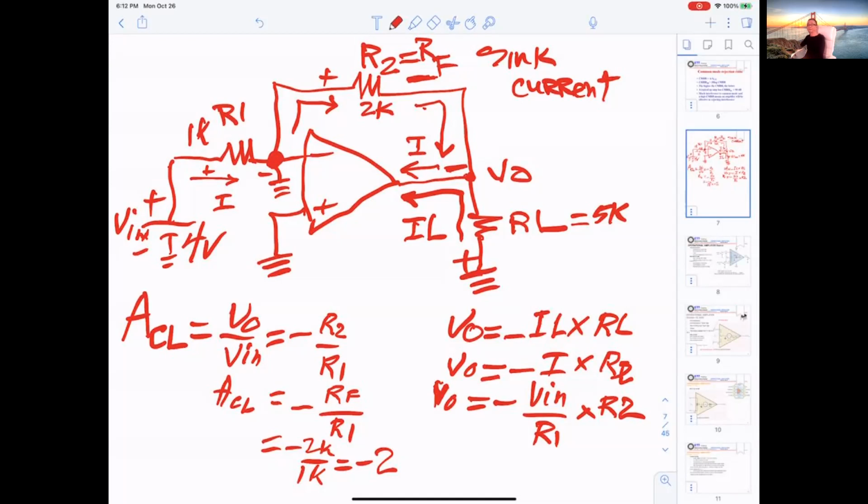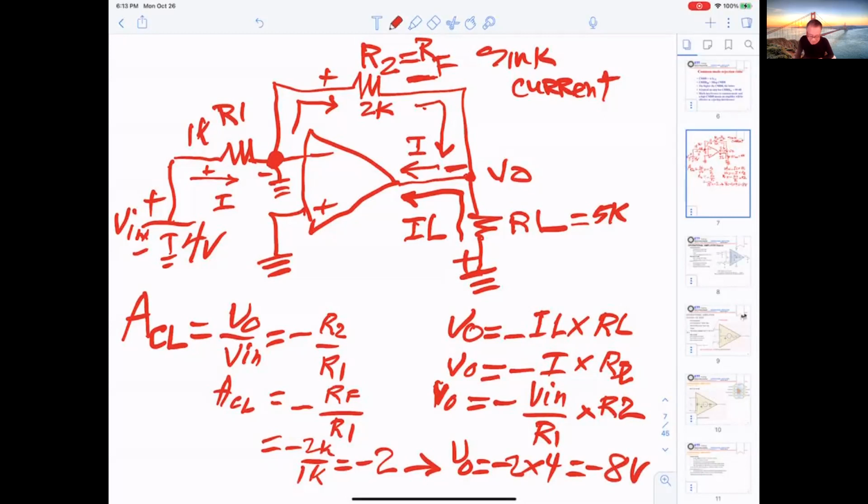What do we have? -8 volts. Perfect. V out equals -2 times 4, -8 volts. That's why it's inverted.